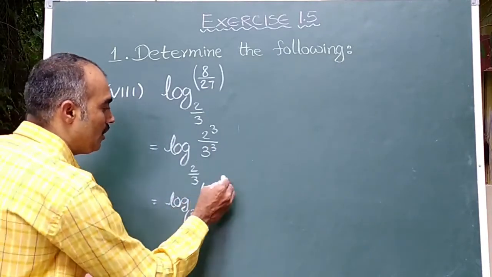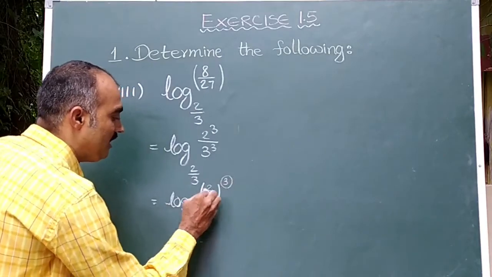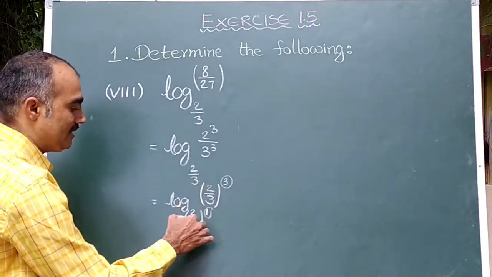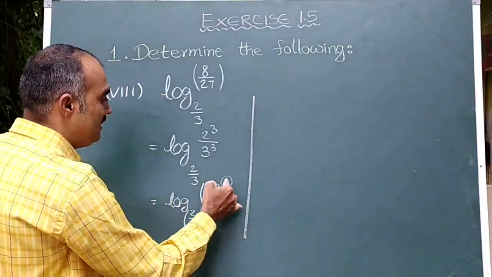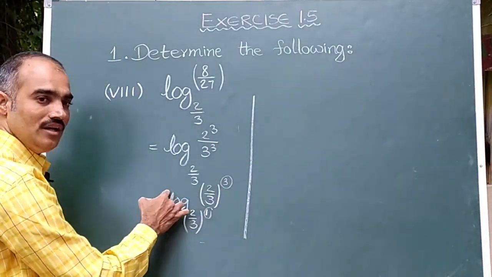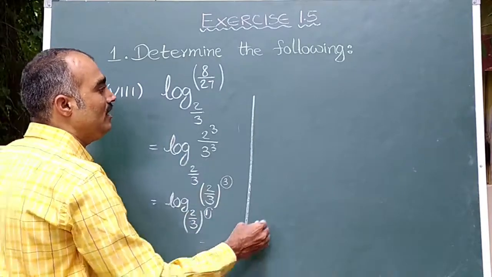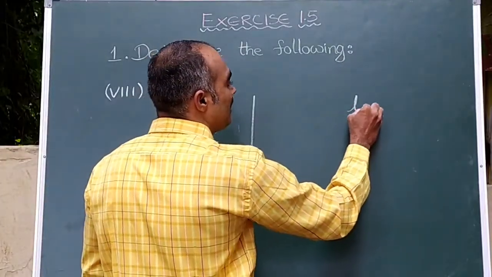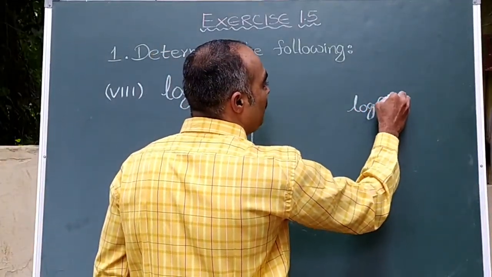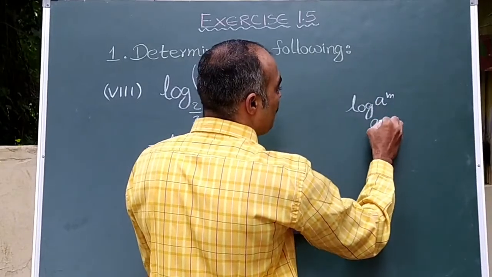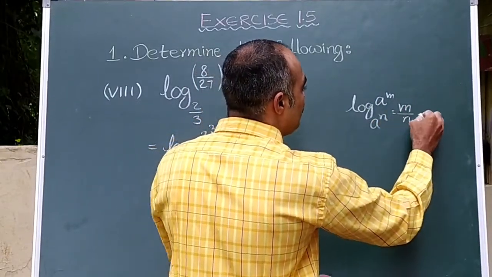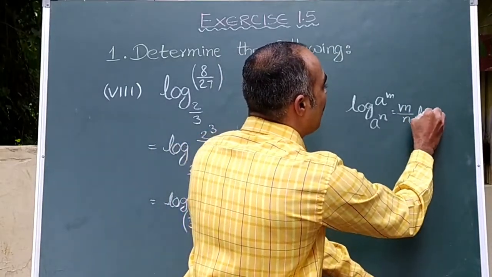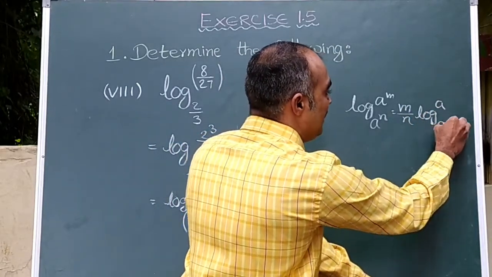Now let us round up the powers. It is 3, it is 1, right? See, these two are same, that's why I am rounding up the powers. And here this power 3 comes forward, here 1 also comes forward. So before that we should add the formula. Let us write log a power m base a power n is equal to m by n times log a base a.